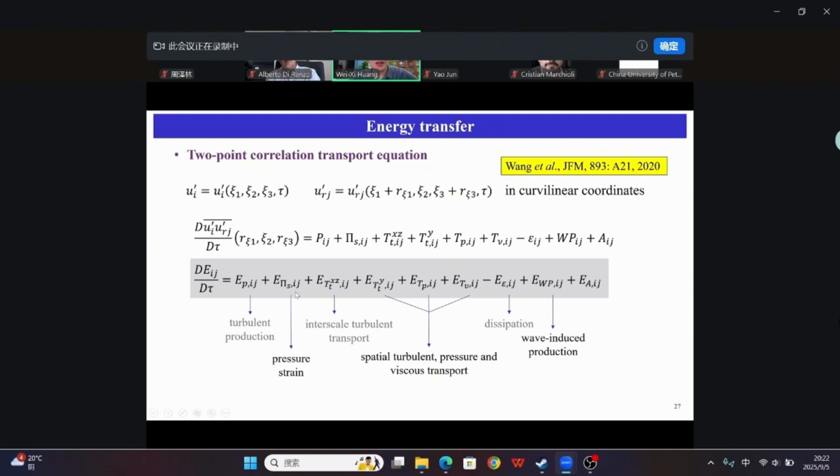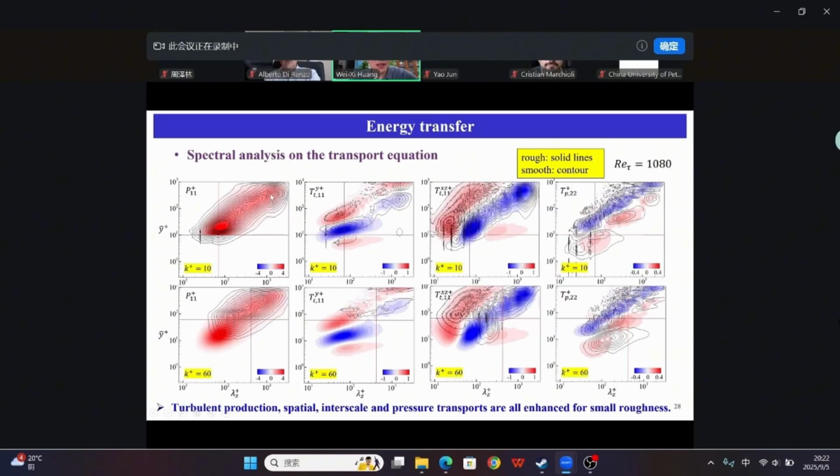It has the production term, the pressure strain term, the turbulent transport term in interscale, the physical transport term, the dissipation term, and the wave-induced production term. Here we only briefly show some typical terms, like the production term, the physical transport term, the interscale transport term and the pressure term, for the small K and the larger K.